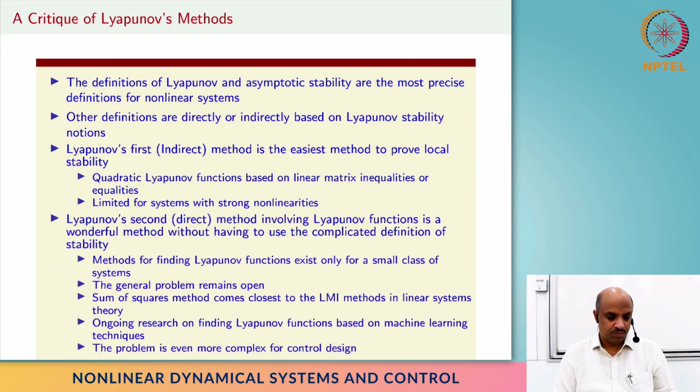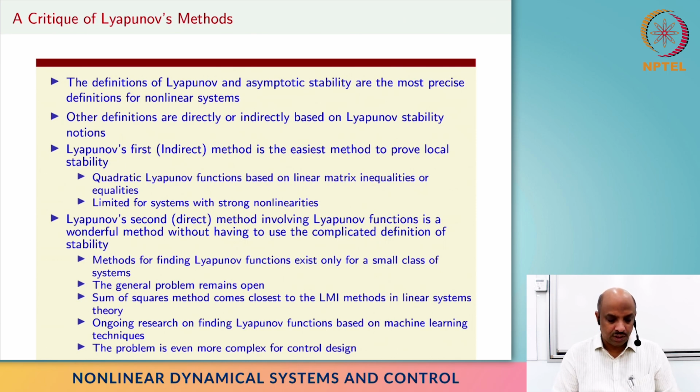But of course, that proves only local stability, and for anything that has essential nonlinearities or limit cycle behavior and things like that, that method is quite useless. And as we have seen, even Lyapunov stability cannot be shown through linearization. But the direct method is much more useful.